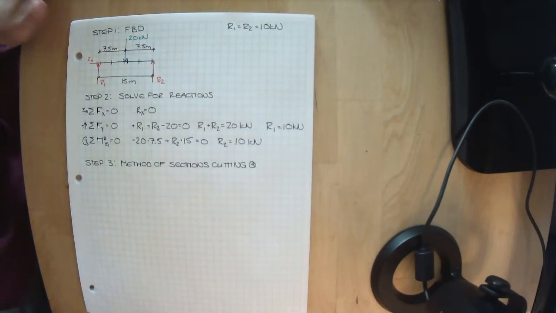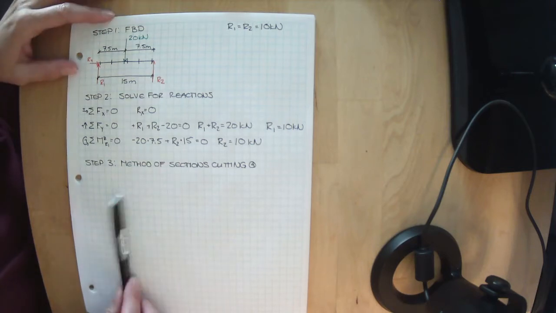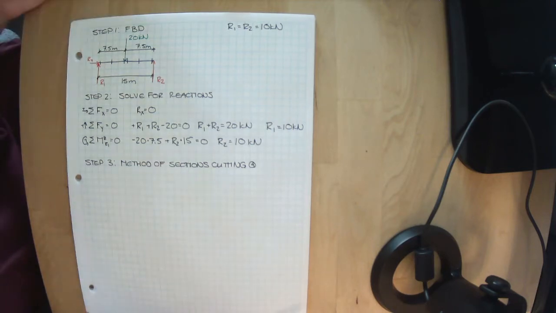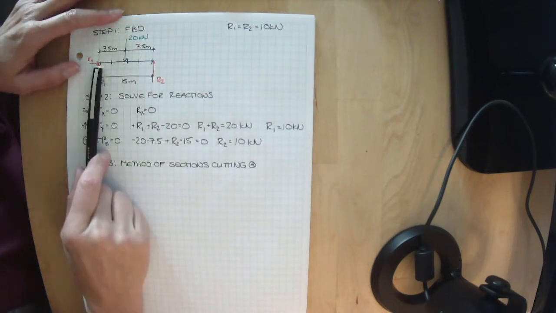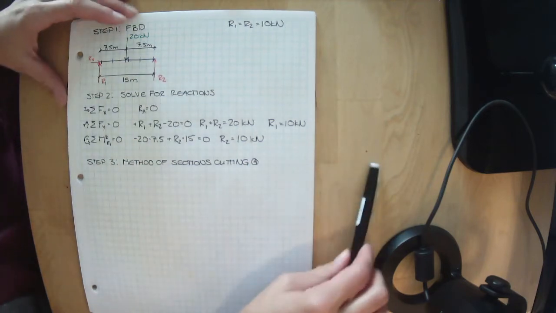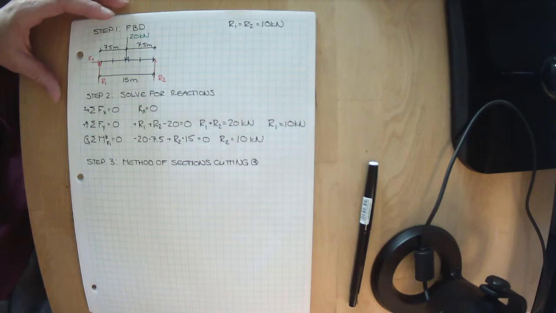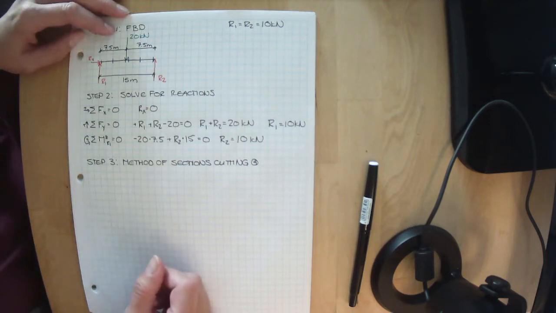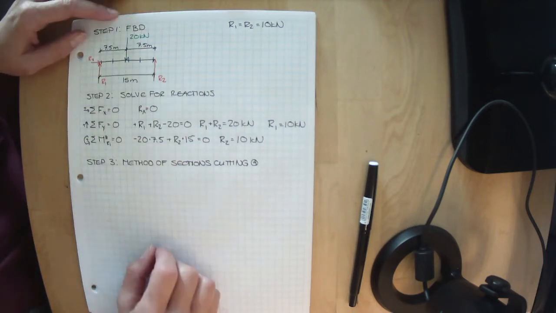Okay, when I left off yesterday, I was talking about where we would cut this along its length to do method of sections. I was explaining that technically we need to do everywhere along this length, which is sort of like what calculus is. But what if we just picked a few spots and saw what happened at those?